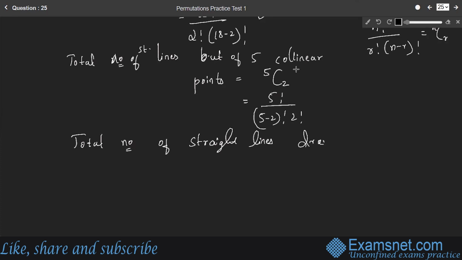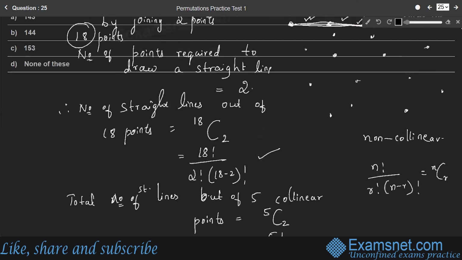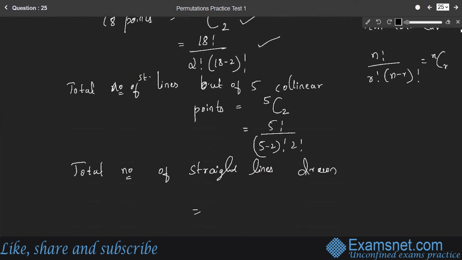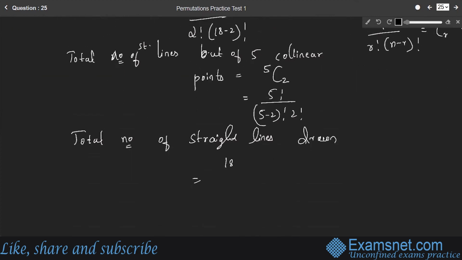drawn is equal to, the total number of straight lines out of 18 points, which is 18C2, minus number of straight lines out of 5 collinear points is equal to 5C2. We have to subtract because out of 5 collinear points, we can draw a straight line by using 3 or more than 3 points also.